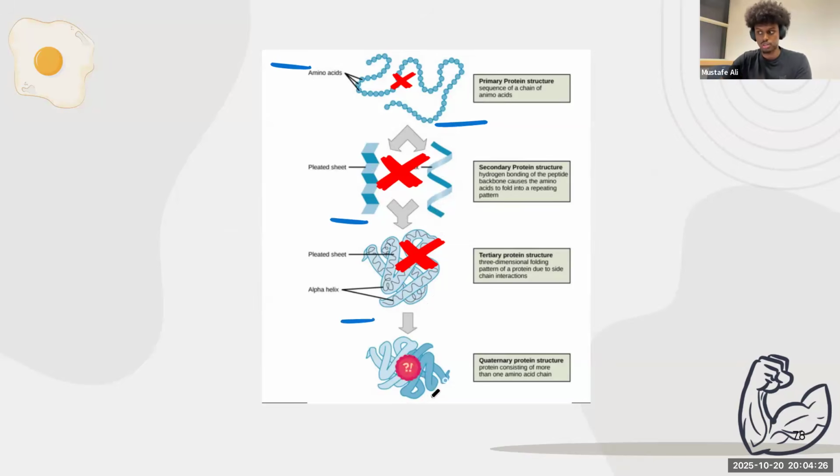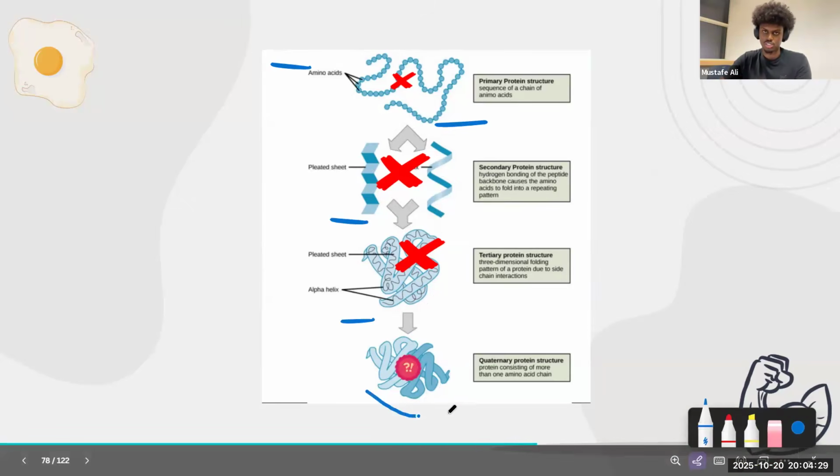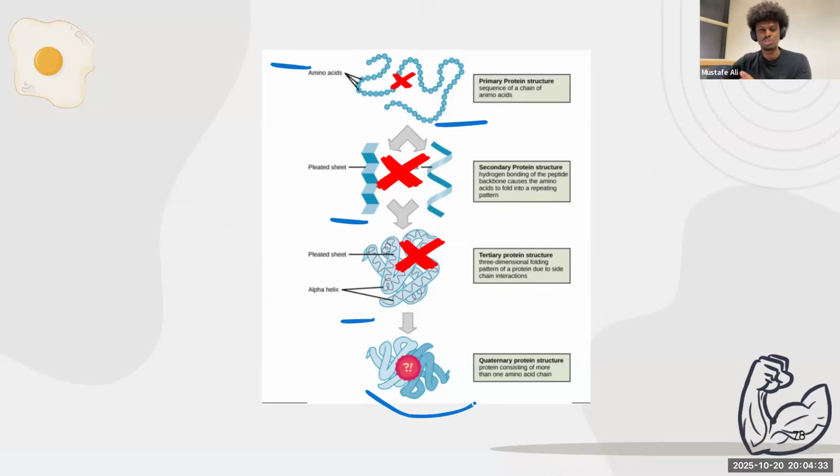Because the tertiary structure is affected, what will happen to the quaternary structure, do you think? It will be affected. And this is all due to that single point mutation, which led to the substitution of glutamate with valine. Did that make sense, guys?